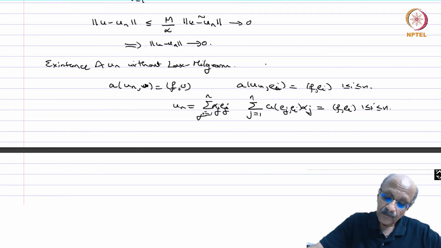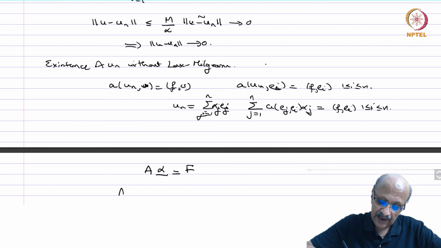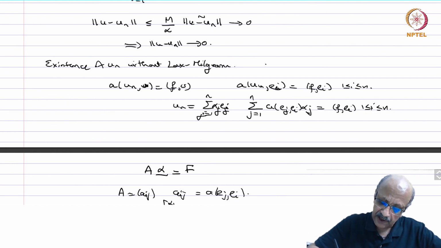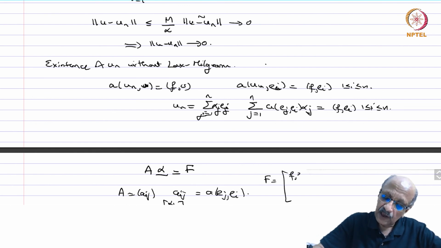And therefore you get a linear system A alpha equals F, where the matrix A equals (aij), and aij is nothing but A(ej, ei). Alpha is the unknown vector, alpha 1 to alpha n, and capital F is the given vector, f(e1) to f(en).